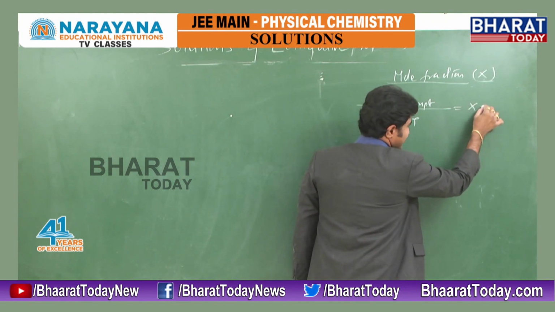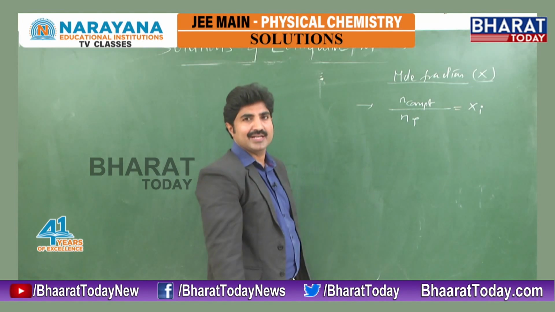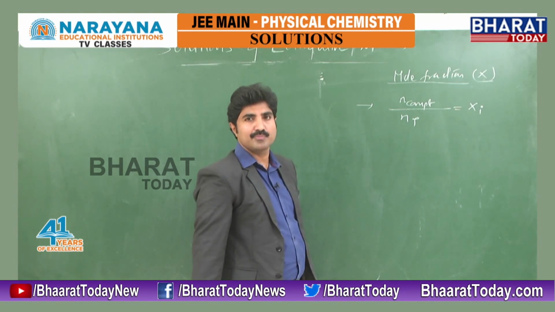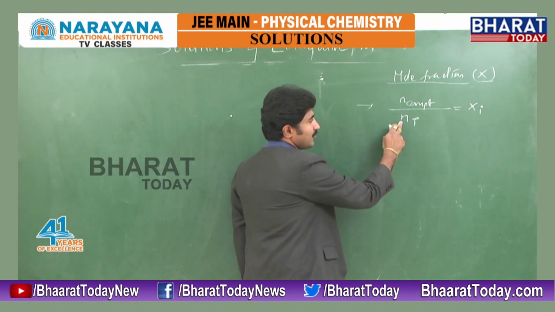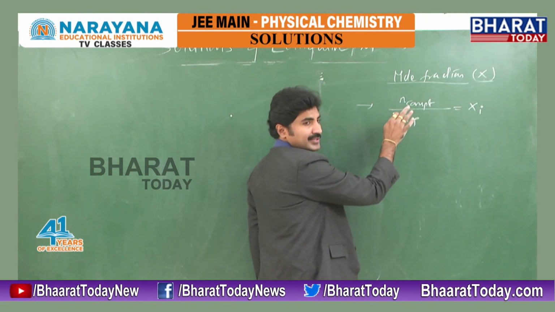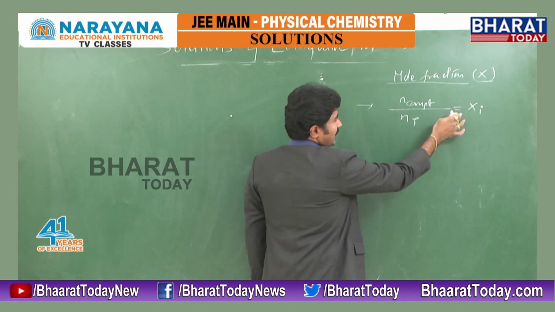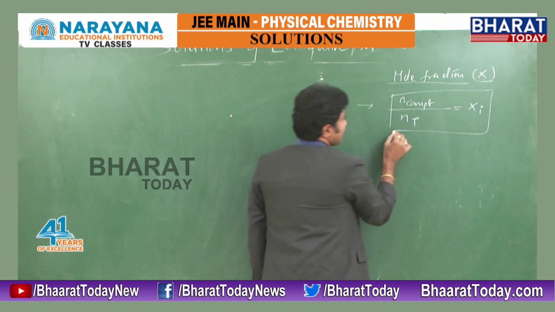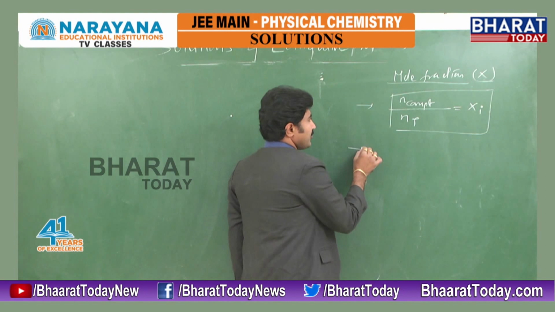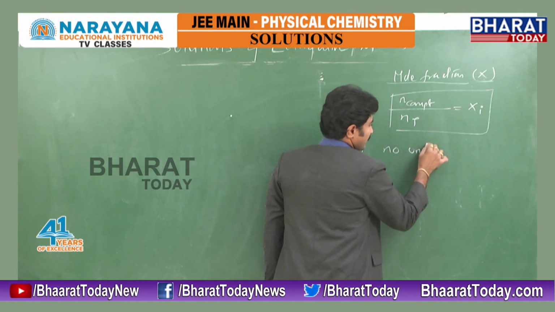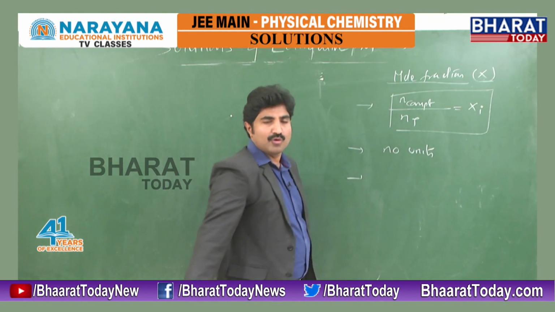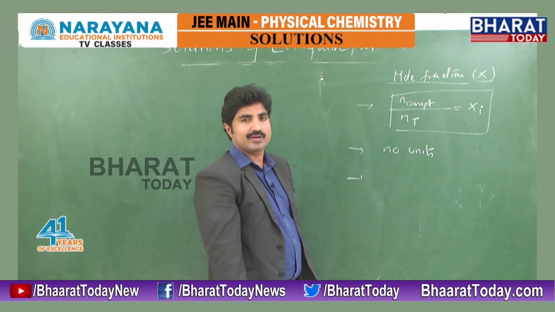Mathematically, Xi is equal to number of moles of that component to total number of moles of all components in the solution. As per definition, it has no units. Mole fraction is expressed for each and every component.